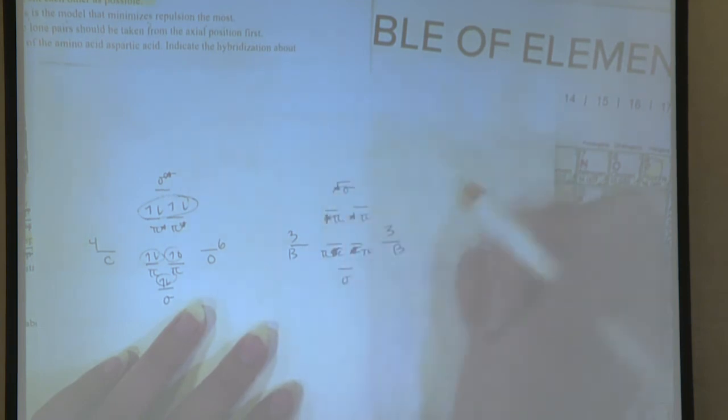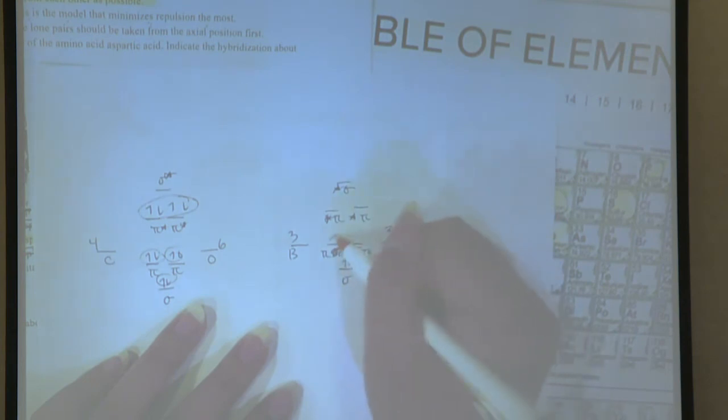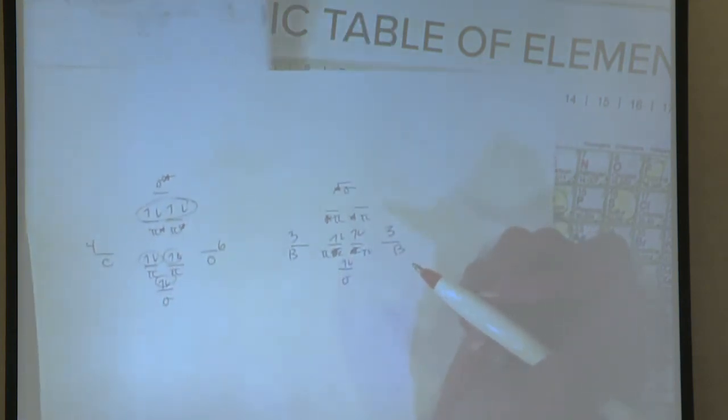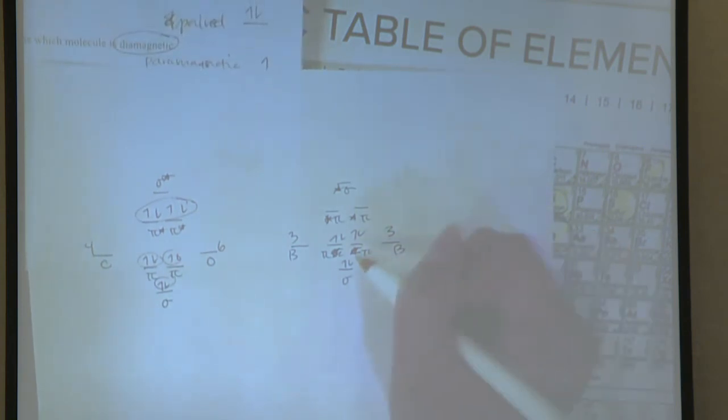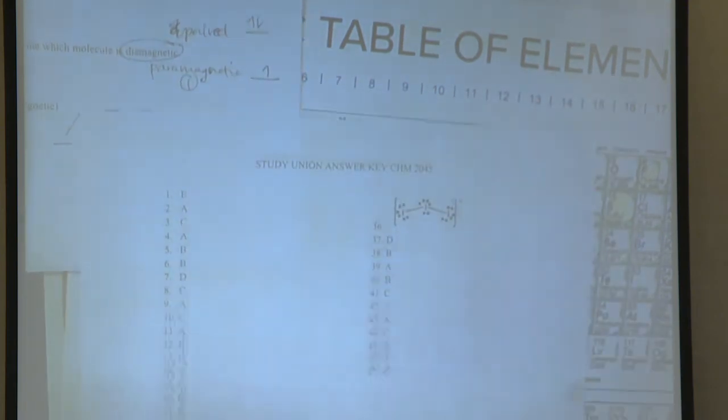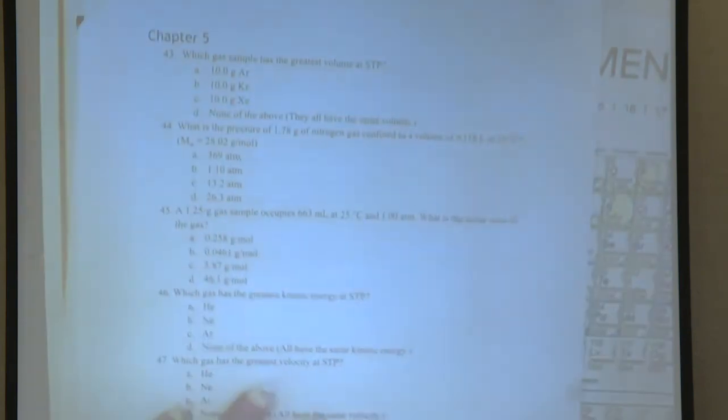Anti-pi, anti-pi, and then anti-sigma, which has 6. 1, 2, 3, 4, 5, 6. Wait, that doesn't make sense either. We're going to come back to this one. I want to make sure we finish the gas laws unit, but we're going to come back to this one.